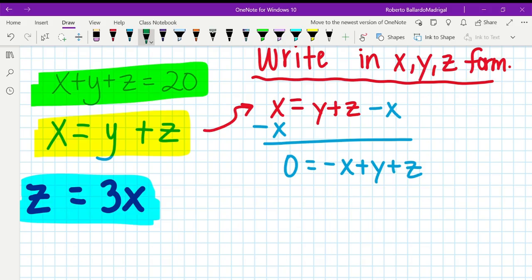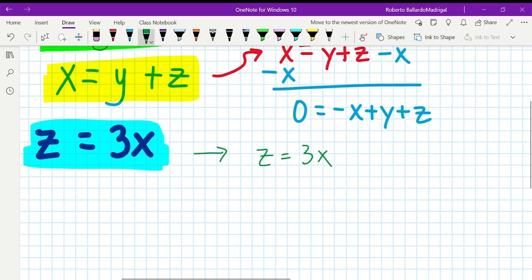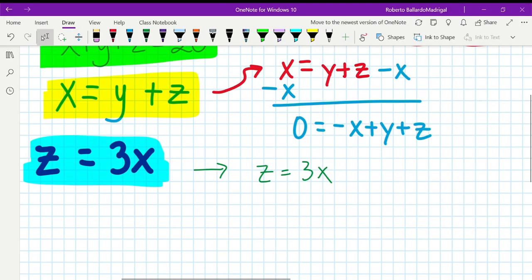Then we will repeat the same with z equals 3x. I could move the z, or I could move the 3x. It really doesn't matter. I think I'll move the 3x. So I'll move it by subtracting 3x from the right and from the left.